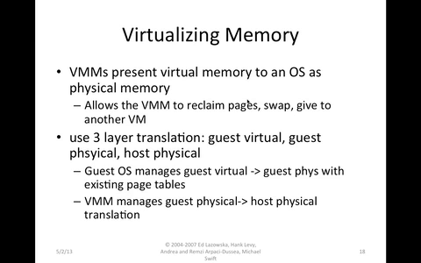So the VMware approach is to do what's called shadow page tables. So here I'm going to draw it a little bit in the opposite direction. We have these two steps of translation.